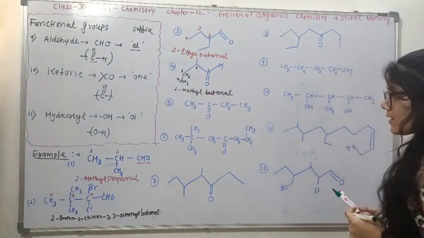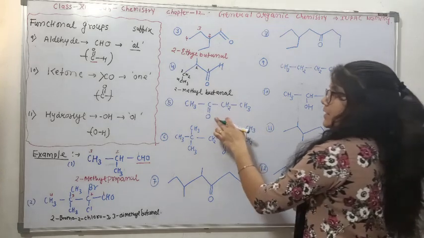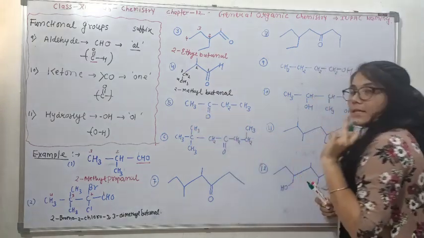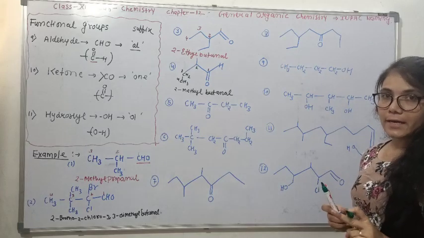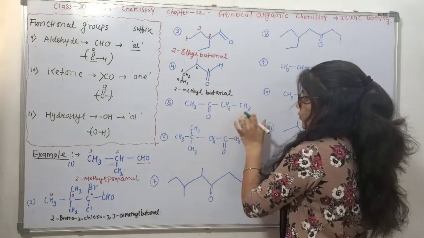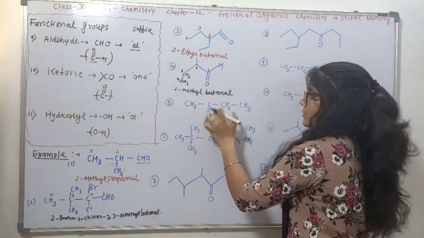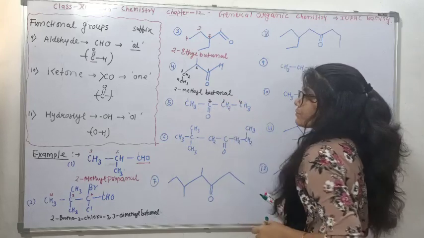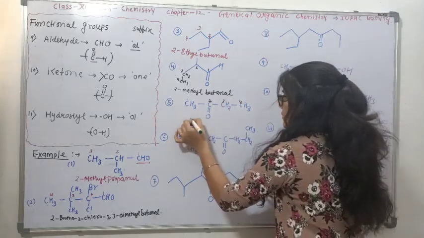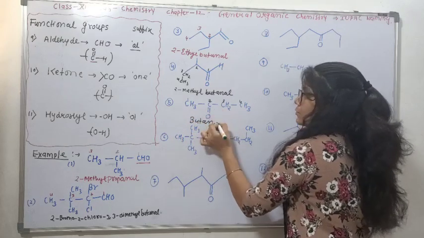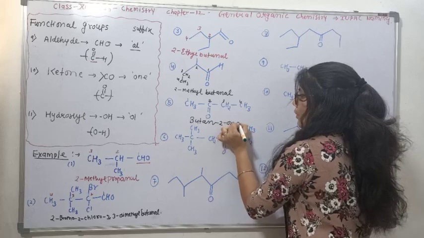Okay. Next, C double bond O is present between 2 carbons. That means it is not an aldehyde, but it is a ketone. So 1, 2, 3, 4. Name the compound, which is butane 2-one.